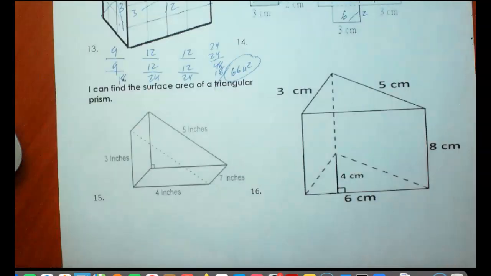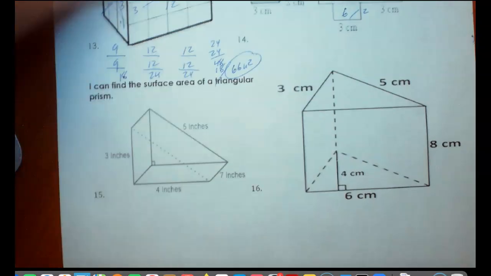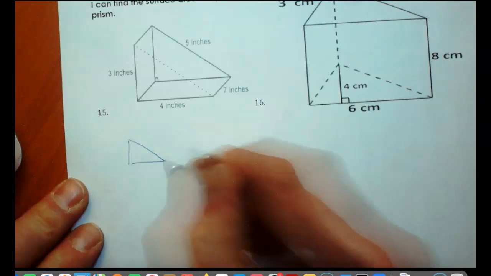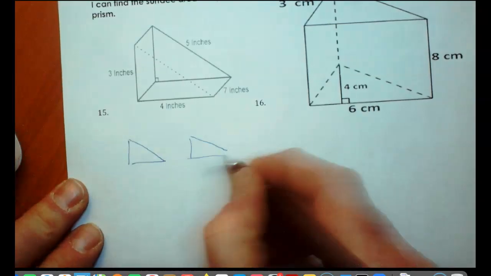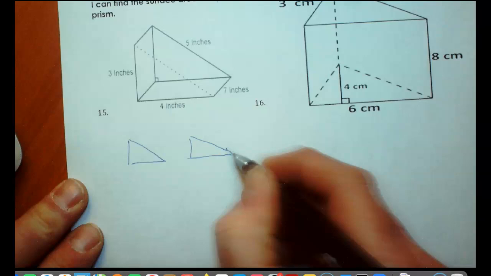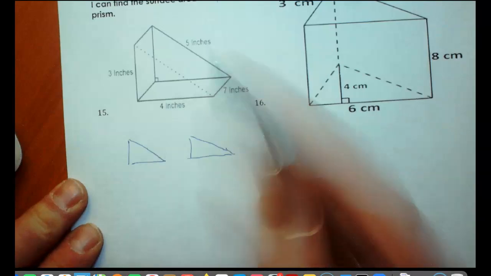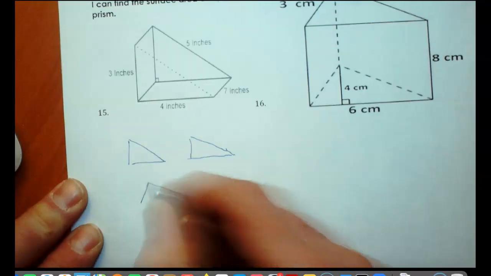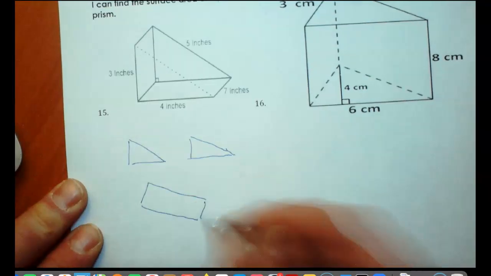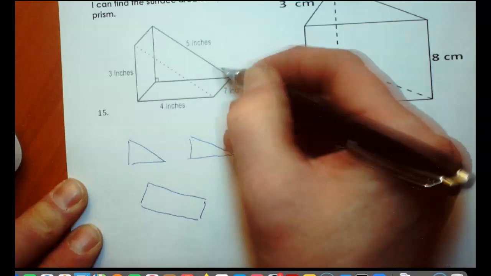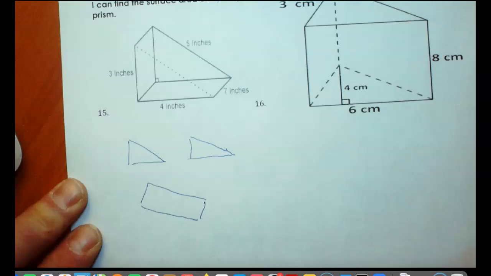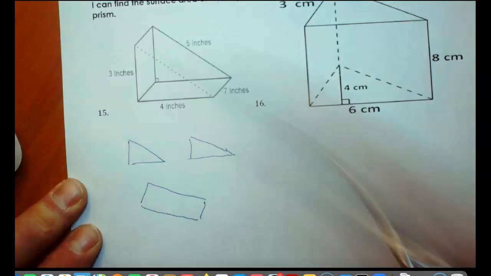Triangular prisms, they're a little different, a little bit harder, and I think the best way to do it is just draw the various shapes that you need to find. You need to find 2 triangles. These will be our triangles, the front triangle and the back triangle, and then we've got this angular piece that goes up, the top of the door stop, if you want to think about that.